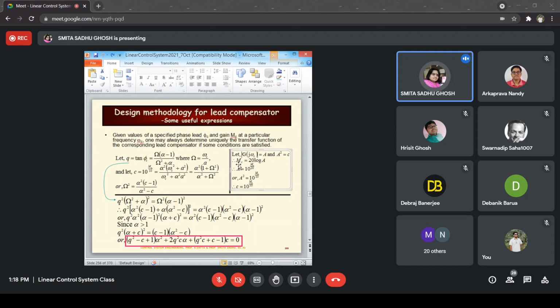Say we have a required magnitude. From there we can try to find out A by using this method. So MC by 20, and then 10 to the power of that, is going to give you the value of A, right? Basically, let us say MC is the gain that is specified. From your compensator you require a gain of MC.